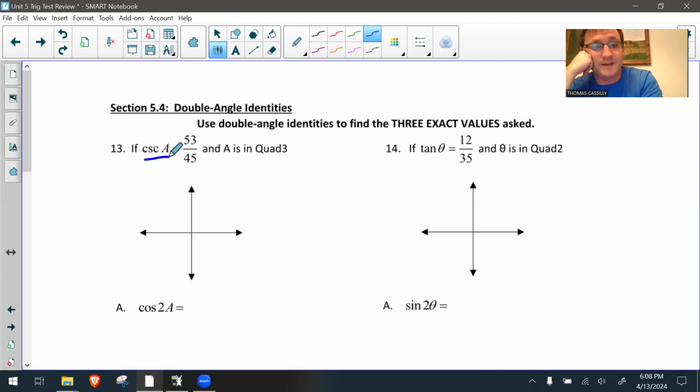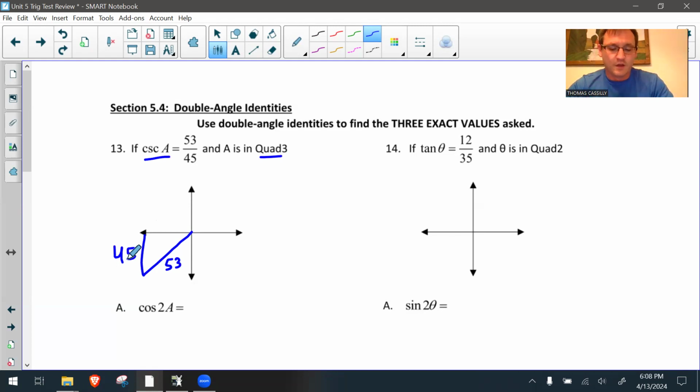The cosecant of A is this ratio. It's in quadrant 3, so we're going to start out in quadrant 3. Careful, it's the cosecant. Cosecant goes with the hypotenuse over the opposite. We still have those reciprocal identities.